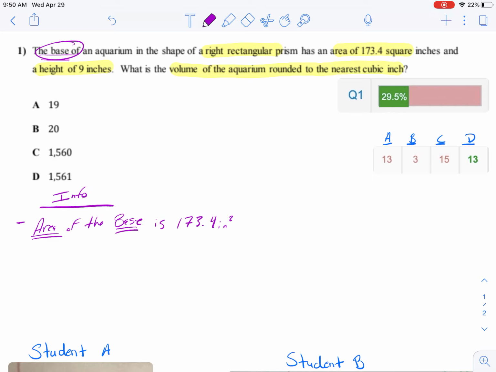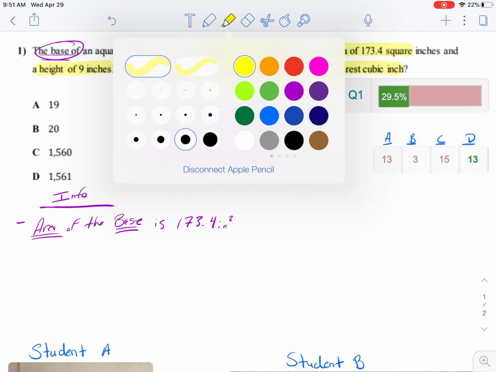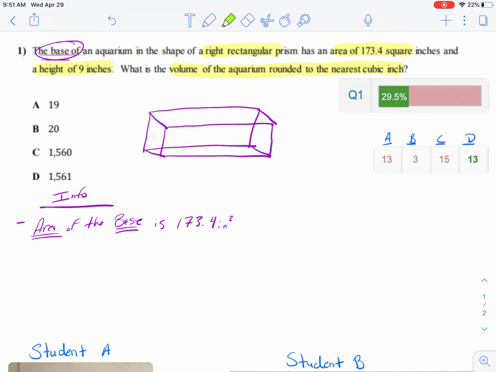I'm going to draw you guys a quick diagram so that we're able to see what that means, because a visual aid would really be helpful for us to visualize it. Mr. Bravo's always trying to draw. We're thinking about the area of the base. That is going to represent what part of this rectangular prism?